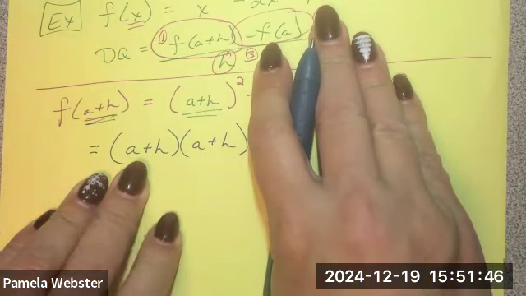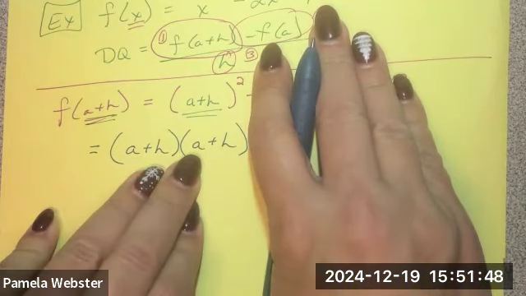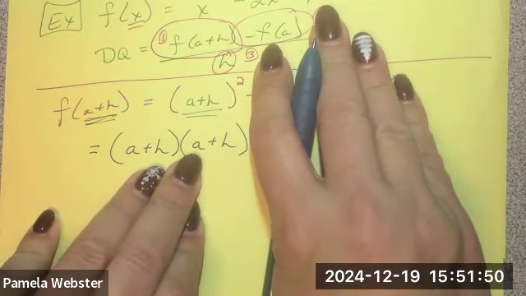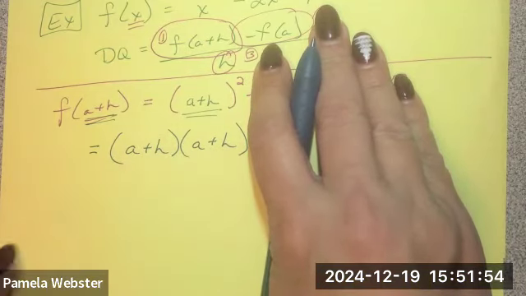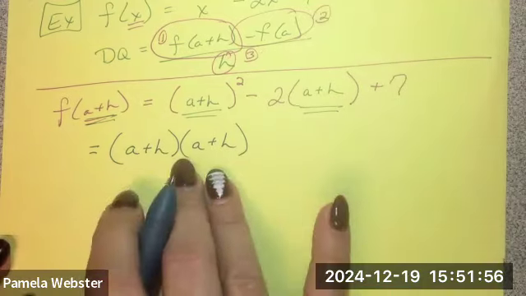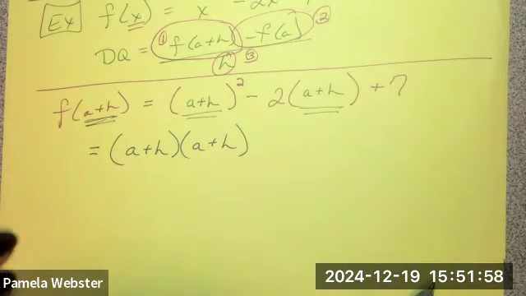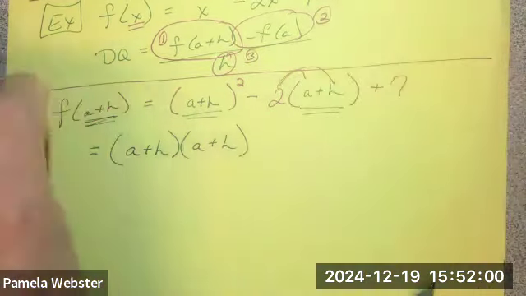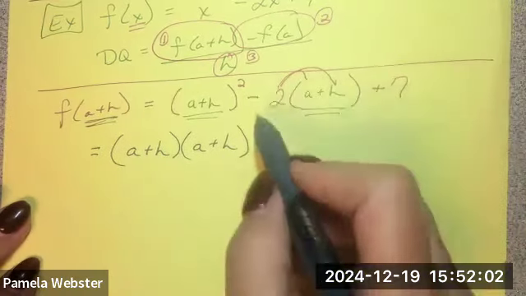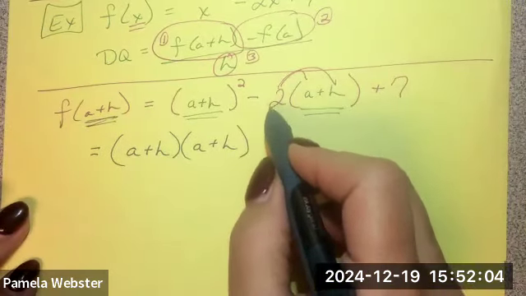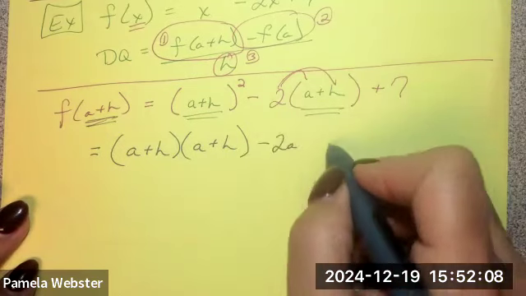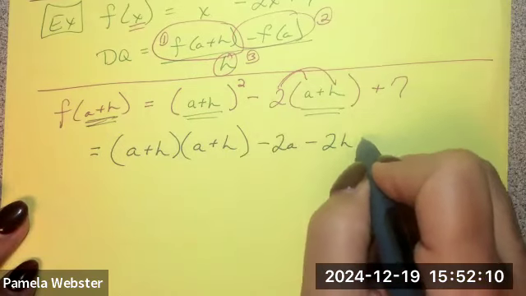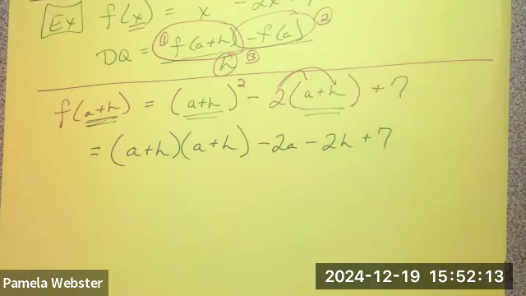Something squared is just that thing times itself, right? If I said 5 squared, you'd go 5 times 5 and you give me 25. Okay, so that's a plus h squared. This is the rough step for most of my students. If they have problems, that's where they're going to have problems on this. So it's an algebra step, so watch out for that. Okay, I'm going to distribute this negative 2, negative 2a minus 2h plus 7.